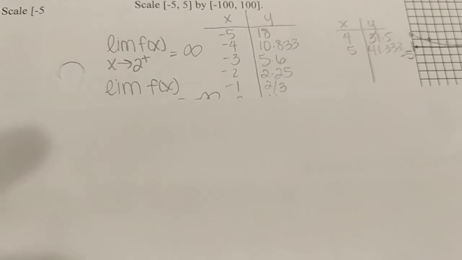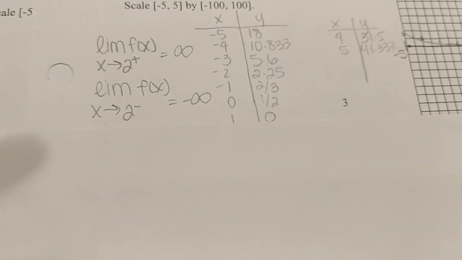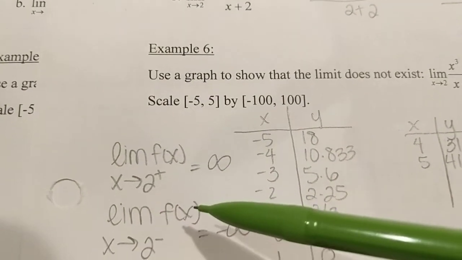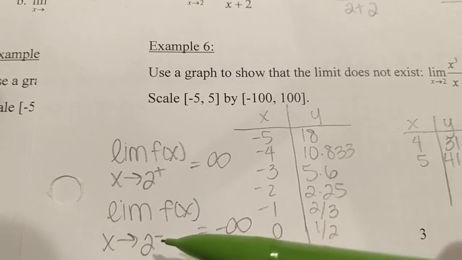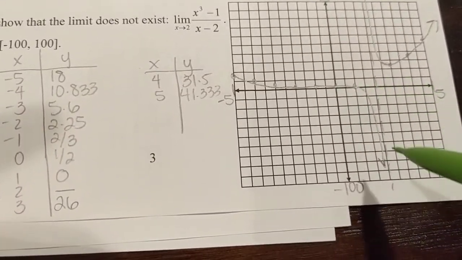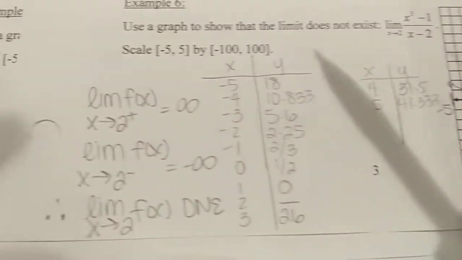Now, the person on the left has a different notation. So the limit of this function as x approaches 2 from the left was negative infinity. So that was this branch here that went down to the left.